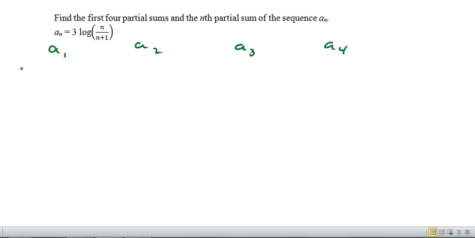And let's notice that because we have a quotient and a quotient rule for logs, our terms of the sequence can also be written as 3 bracket, log n minus log n plus 1.